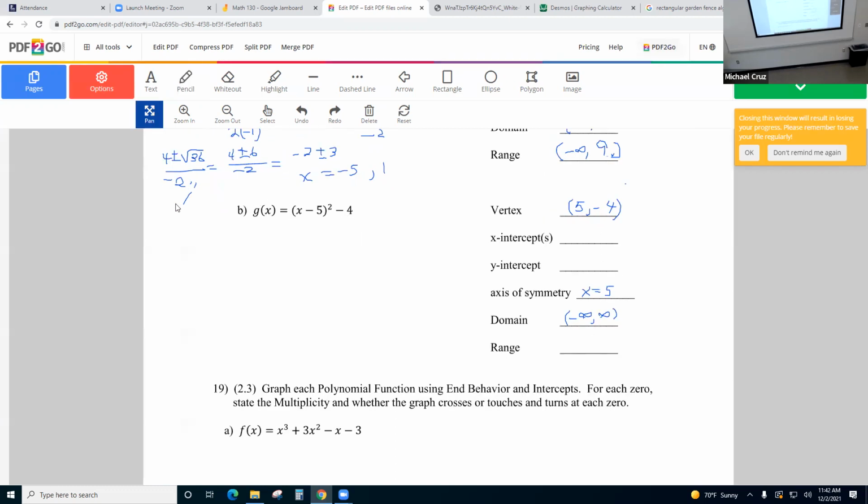Okay, well, let's see. Okay, let's do the y-intercept. That should be easy. So that's basically going to be 25 minus 4, which is 24. So that's the y-intercept.